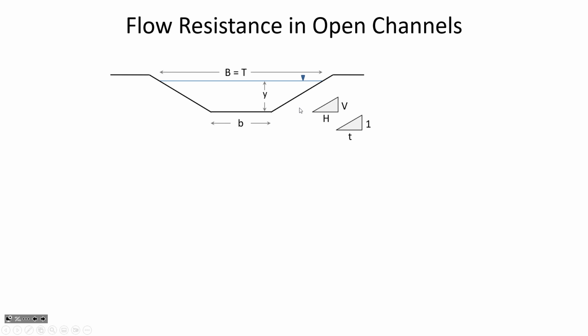Or if t was 1, then it would be a 1-to-1 side slope where each unit of depth, y, gives you an extra length across the top. So this top width, capital B, is longer than the bottom width, lowercase b, because of the extra distance applied by the side slopes here.